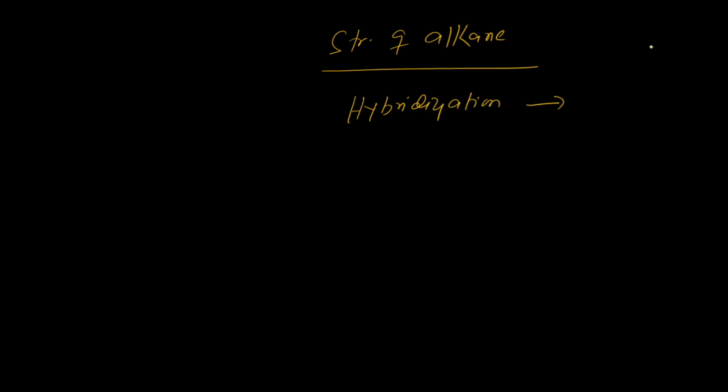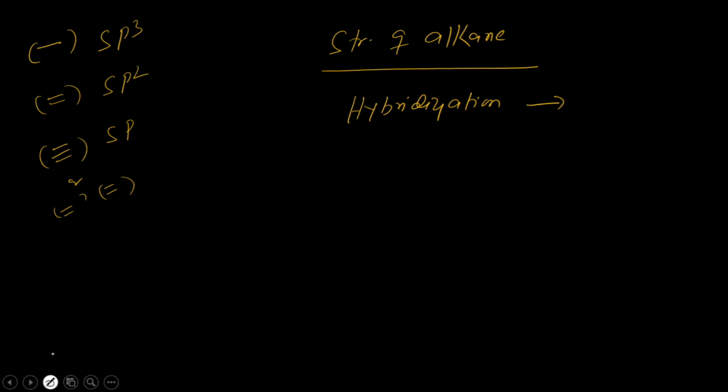Since it has only single bonds in the molecule, it is sp3 hybridization. If there is one double bond between two carbons, that is sp2 hybridization. If one triple bond is present, then it is sp hybridization. Or if there are two consecutive double bonds, then it is also sp hybridization. Now hybridization in the case of alkane is sp3.